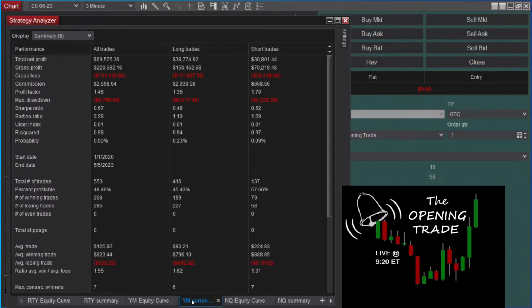The first one we're going to look at is for the Dow Jones futures. If you have selected the package and your data provider has the availability, you can run a long back test. That's what I'm showing here. There's the max drawdown, the gross loss, and the total net profit.